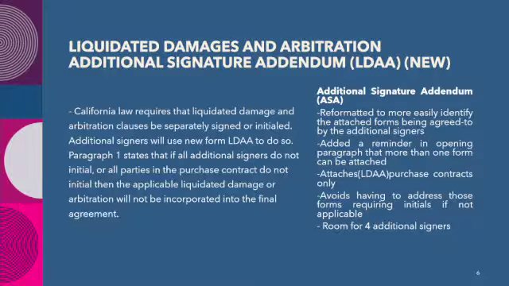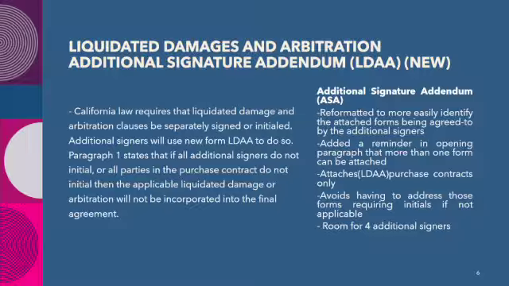The next form, the liquidated damages in arbitration additional signature addendum. That is a mouthful, right? So we have shortened it. The acronym is LDAA. So California law requires that liquidated damages and arbitration clauses be separately signed or initialed.